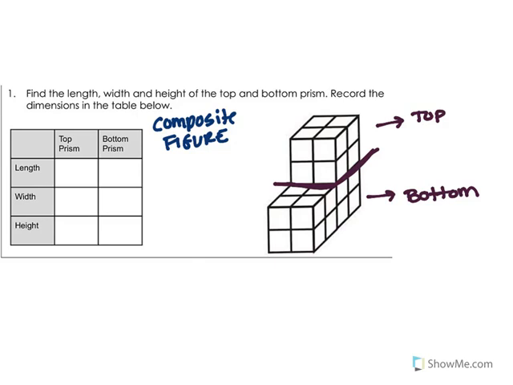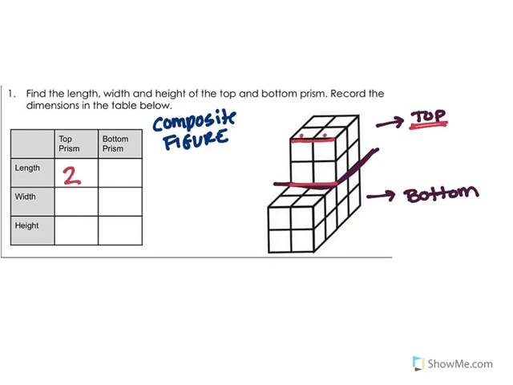Let's start with just our top prism. Here we go. I know the length. When I'm looking at the top prism, I'm just looking at this one right here that I've circled. I know length is from side to side. I can see the length is 2 cubic units wide.